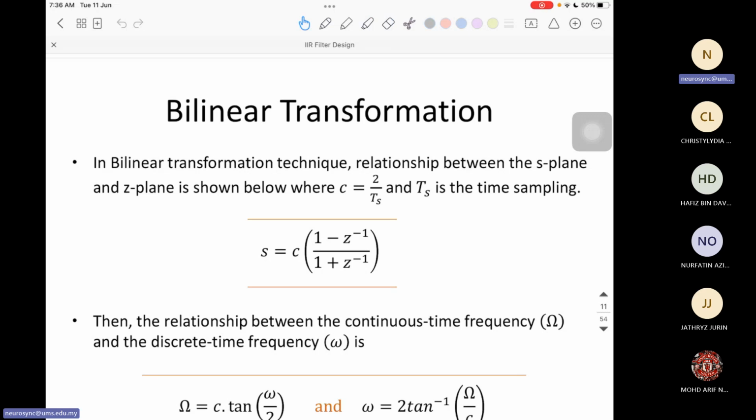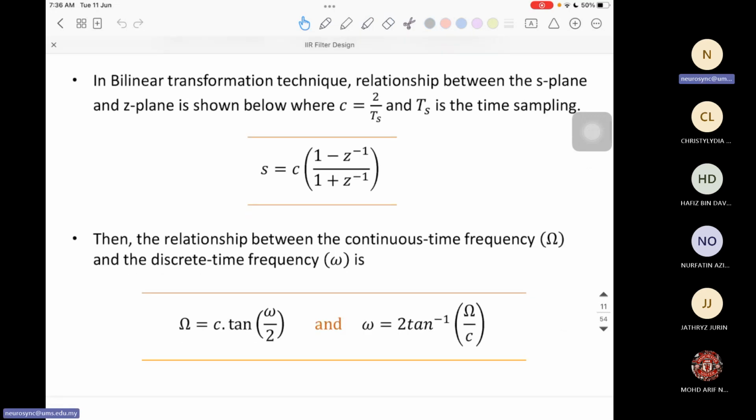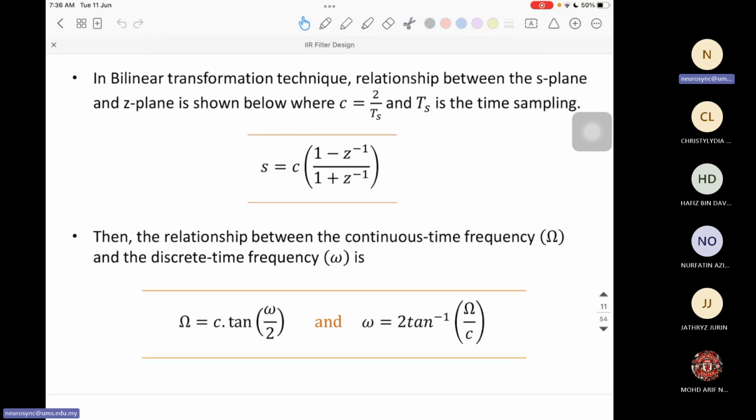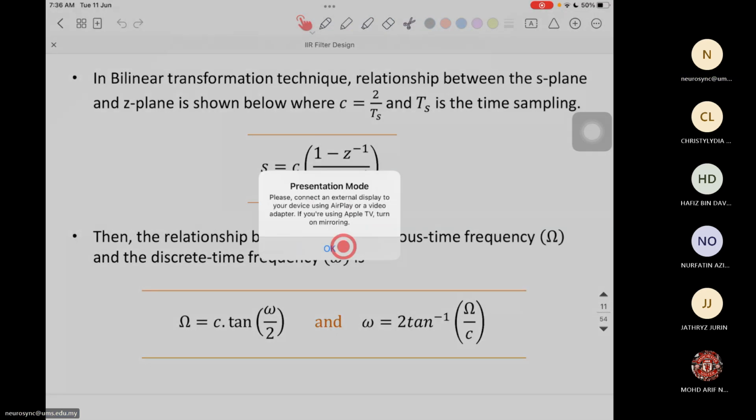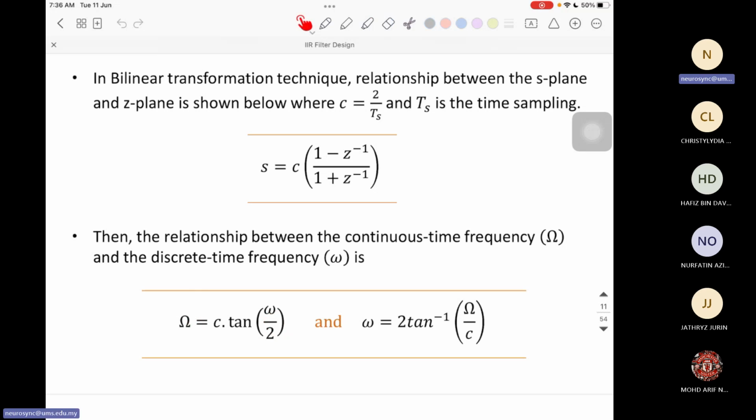Here the constant C we can find with this relation, where capital omega is the continuous time frequency and small omega is the discrete time frequency. If I know this, then I can find the value of C.